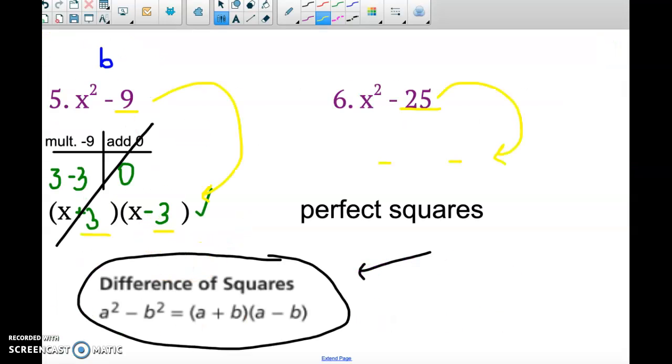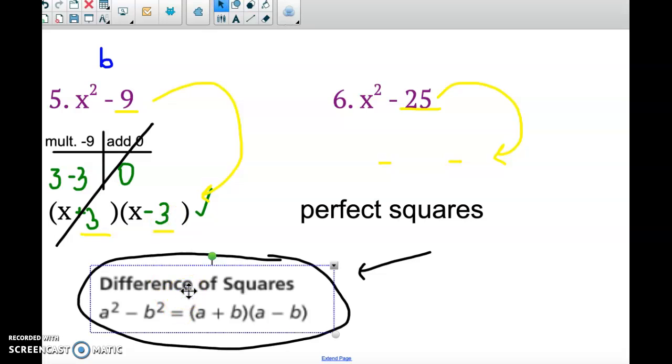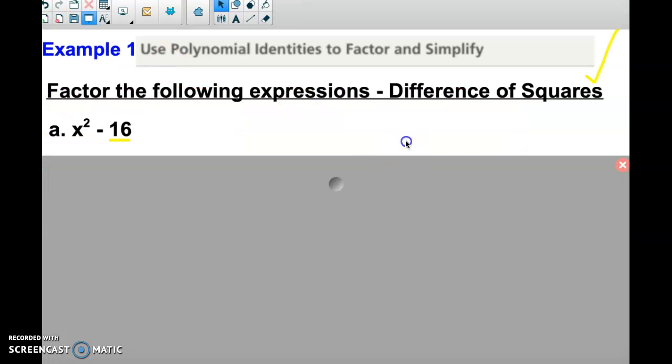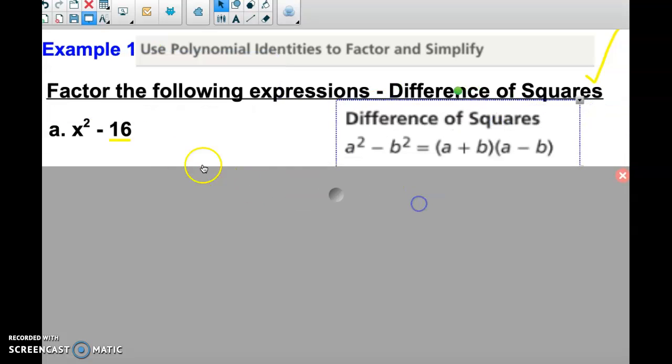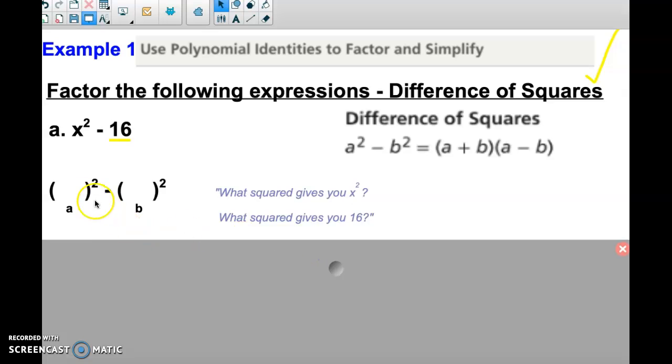If you go back over here, notice there's an A and a B, right? It's a common mistake to be like, oh, well, B is 16, right? It's not. B is something that's getting squared. So I need to figure out something squared that gives me x squared and something squared that gives me 16.